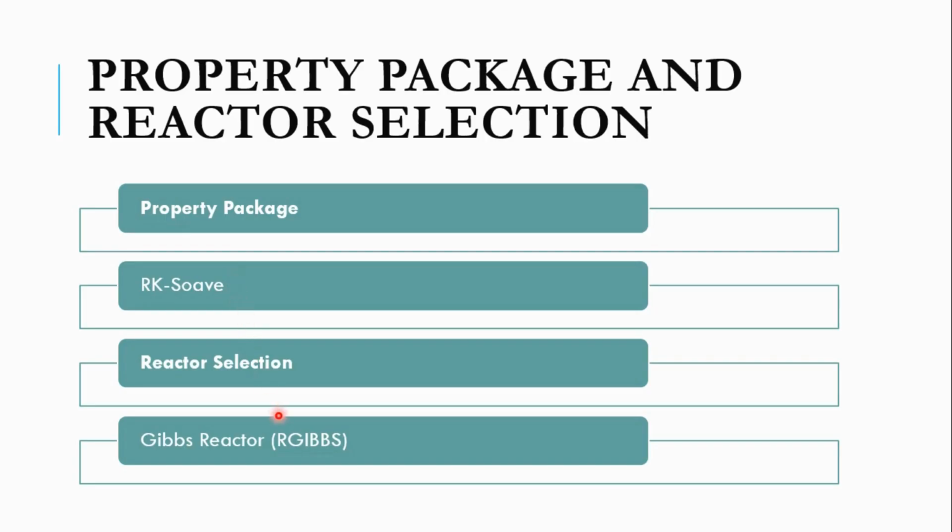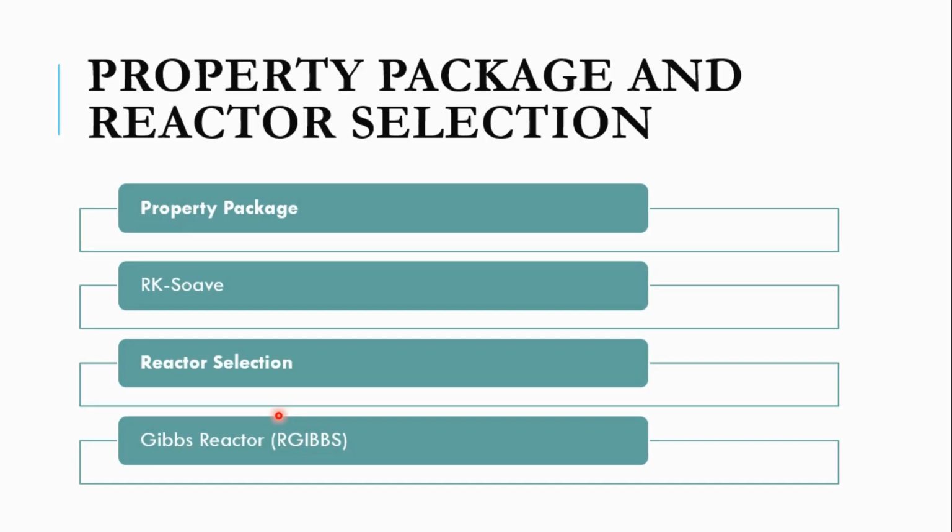For reactor modeling, we use the Gibbs reactor, also known as RGibbs, in Aspen Plus nomenclature. Unlike the conventional reactors, the Gibbs reactor does not require reaction equations. Instead, Aspen Plus minimizes the Gibbs free energy of the system and automatically predicts the equilibrium composition. This makes it particularly useful when multiple reactions can occur simultaneously and the exact reaction pathways are not known.